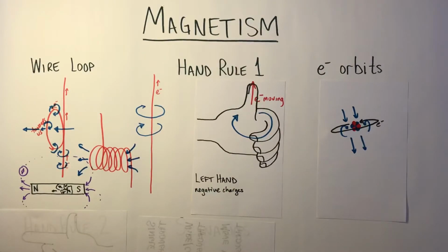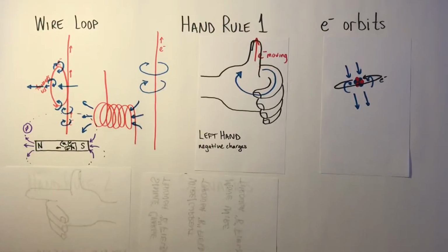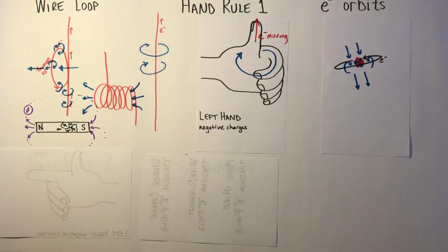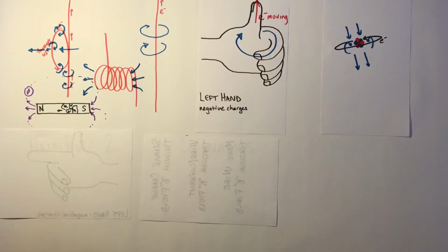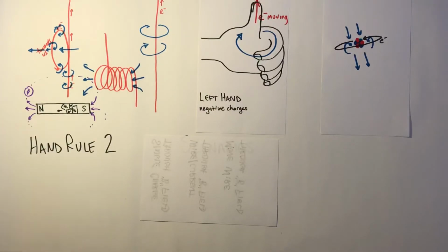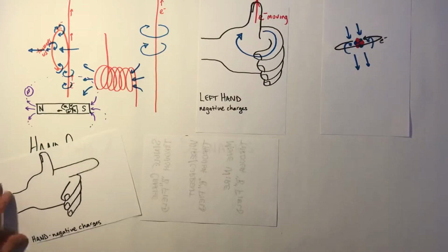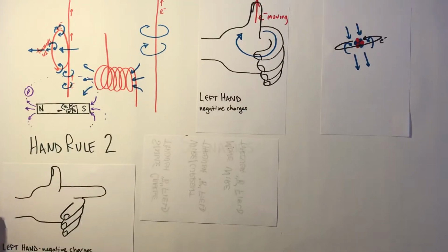Okay, so we're going to make another jump. How do magnetic fields interact with other charges? So I've got some other stuff for us to take a look at here. The first thing that we're going to look at is what I call hand rule number 2. Okay, and like we talked about up there, it was the discovery of how things are working.